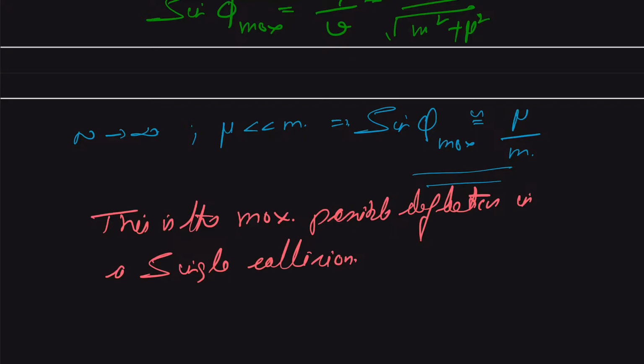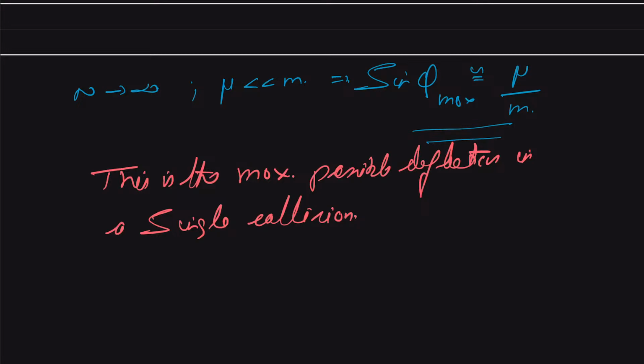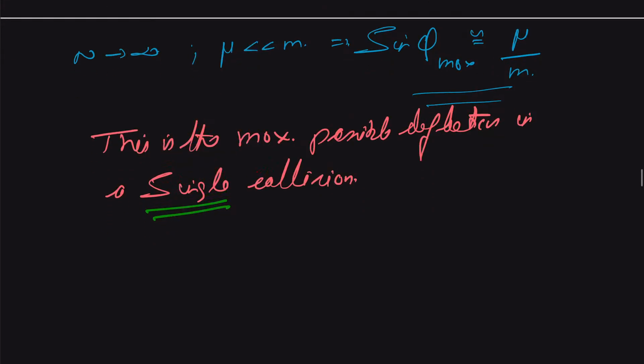And we know that the total deflection angle, we already know, is pi upon n. So that we are going to use because it is going to take n number of collisions. This entire discussion was based only on single collisions.